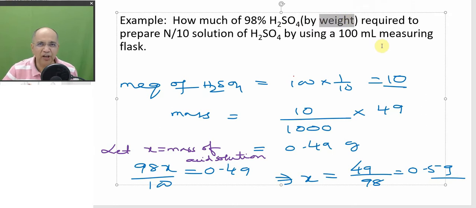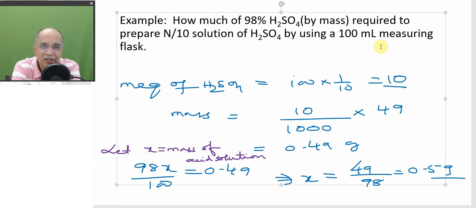Weight for a layman's purpose is same as mass, but for you it's not the same. But we have a habit of saying weight for mass. Doesn't matter. Once you understand the real implications, the real underlying meaning, don't be critical about it.